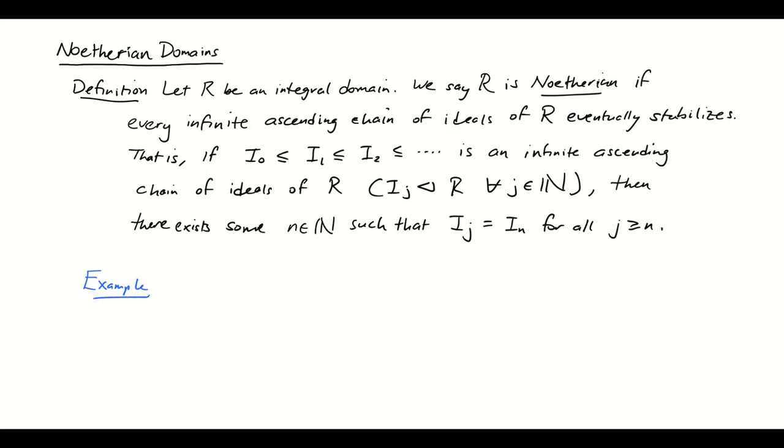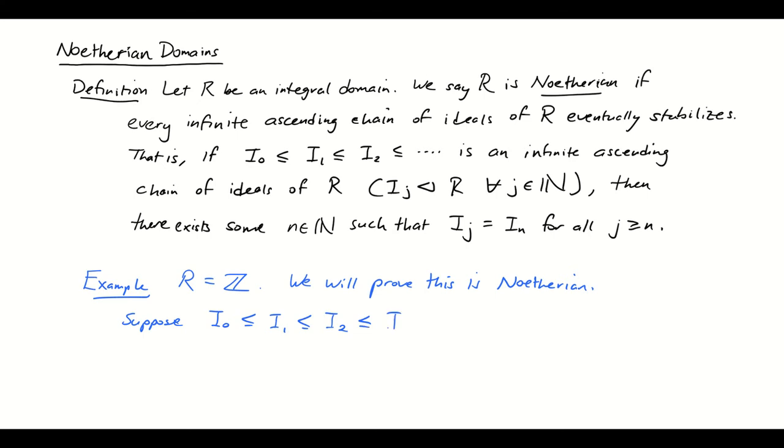So let's suppose we're thinking about the domain of the integers. That's an integral domain, and we will prove that this is Noetherian. All right, so suppose I have a chain of ideals.